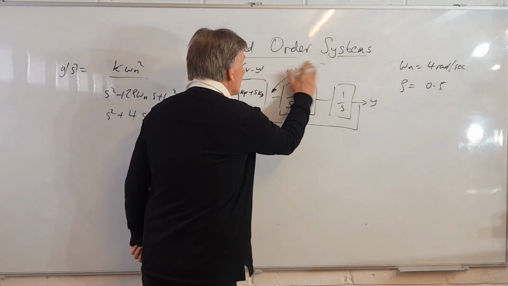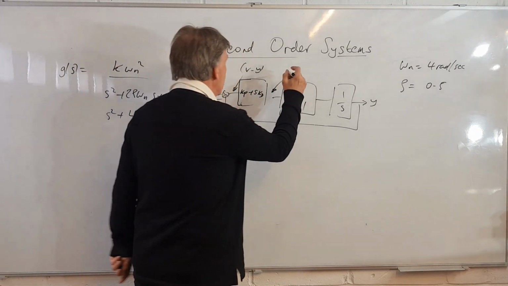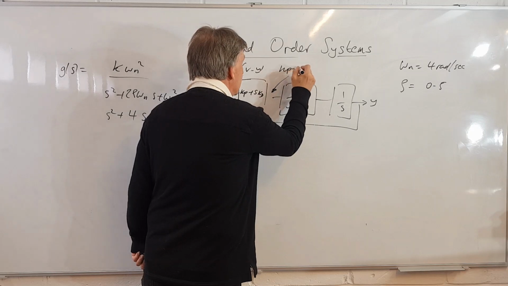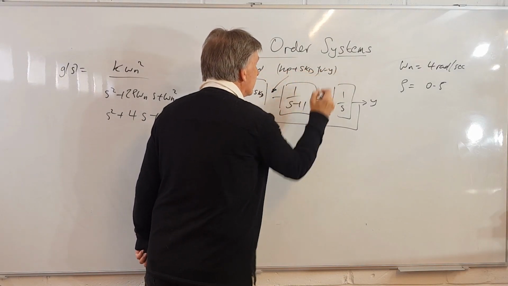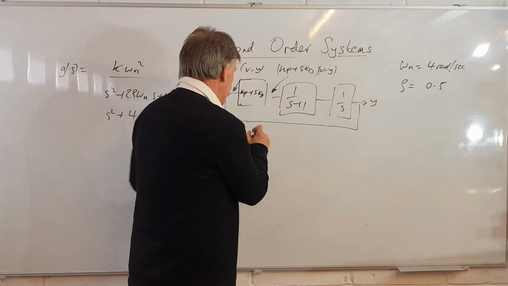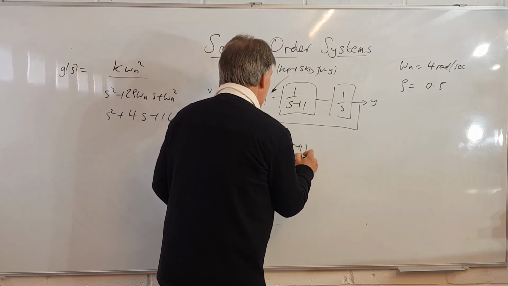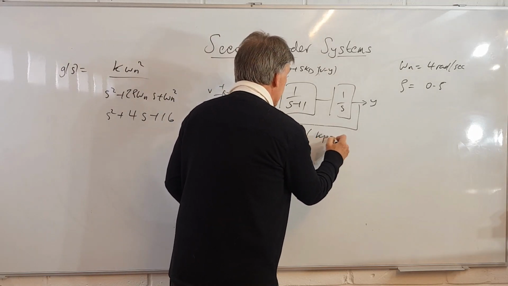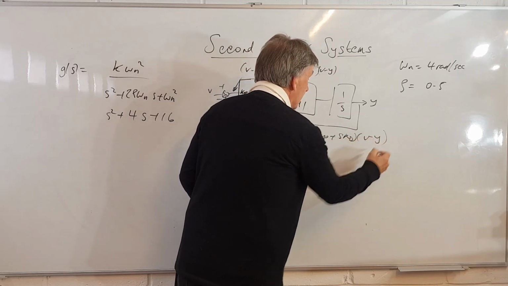So we can do our calculation again. This will be v minus y. This time this will be Kp plus s Kd into v minus y, because this will be that times up, and then we can say that y is equal to 1 over s plus 1 into Kp plus s Kd times v minus y.